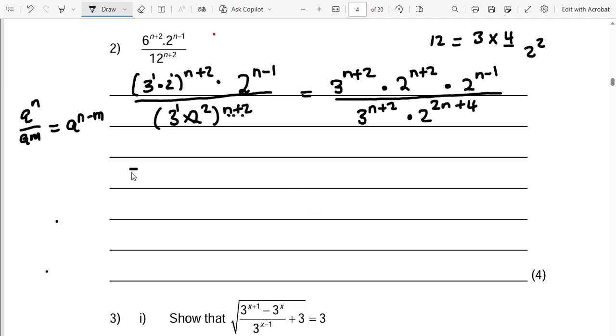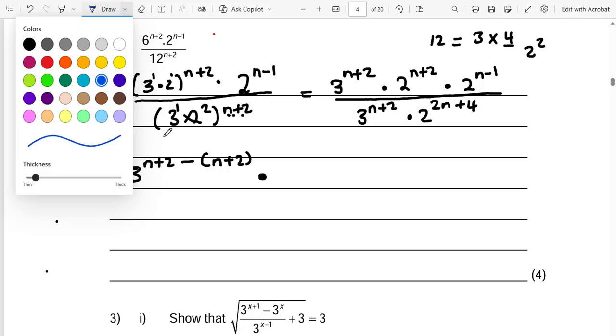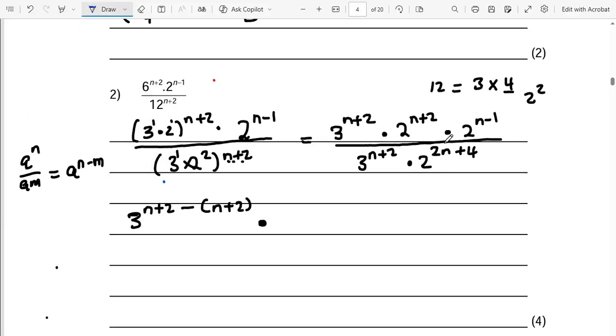So this tells you that this will be 3 to the power n plus 2, which is the one on top. You subtract the one on bottom, which is n plus 2 also. Please make sure that you put it inside the bracket, multiplied by. Now, if you look at this, you see these two guys. We are multiplying the same base.